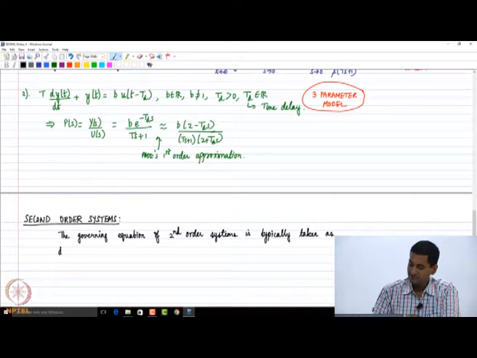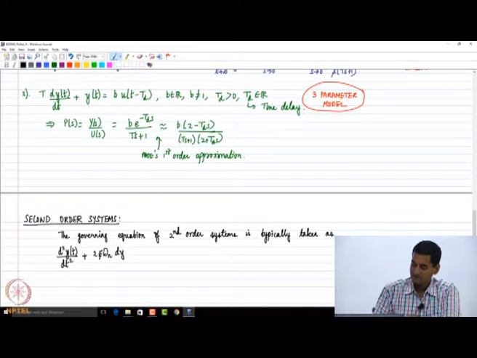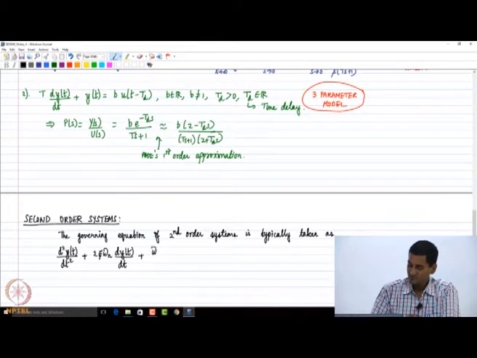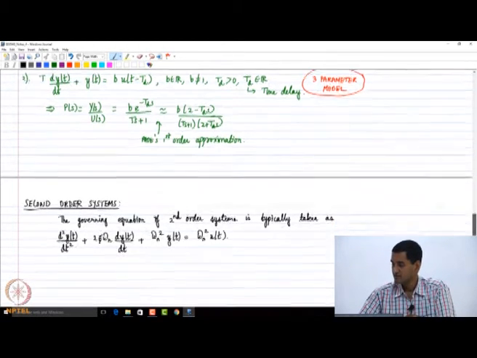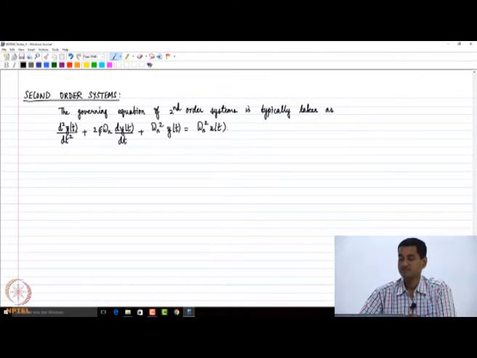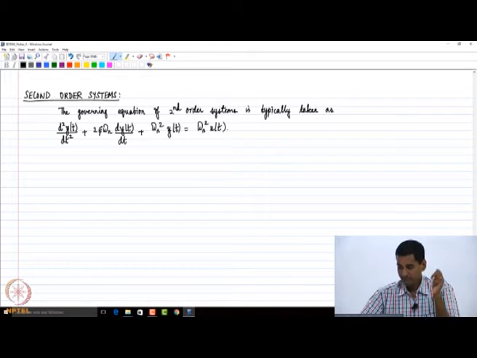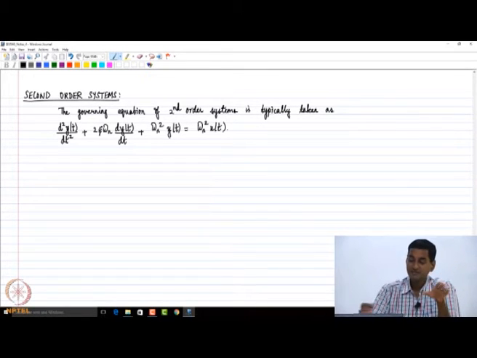So typically what we do is we take it as d squared y dt squared plus 2 zeta omega n dy dt plus omega n squared y of t is equal to omega n squared u of t. So that's the general governing equation here. Once again, that's why I said it's typically taken to be this.